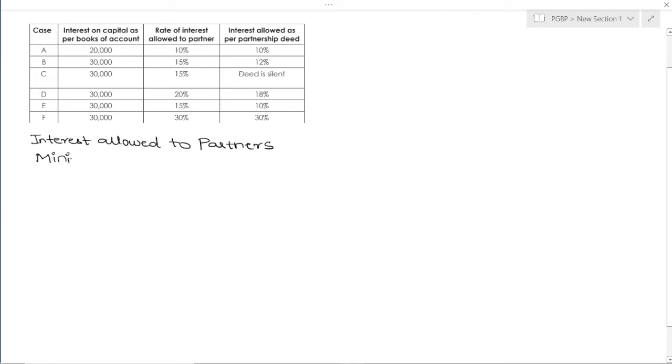This way we can save more and more time, I feel. Very good. Now, interest allowed to partners under section 40B, least of the following we wrote. In that, in the rows, we will write three things. What are they?